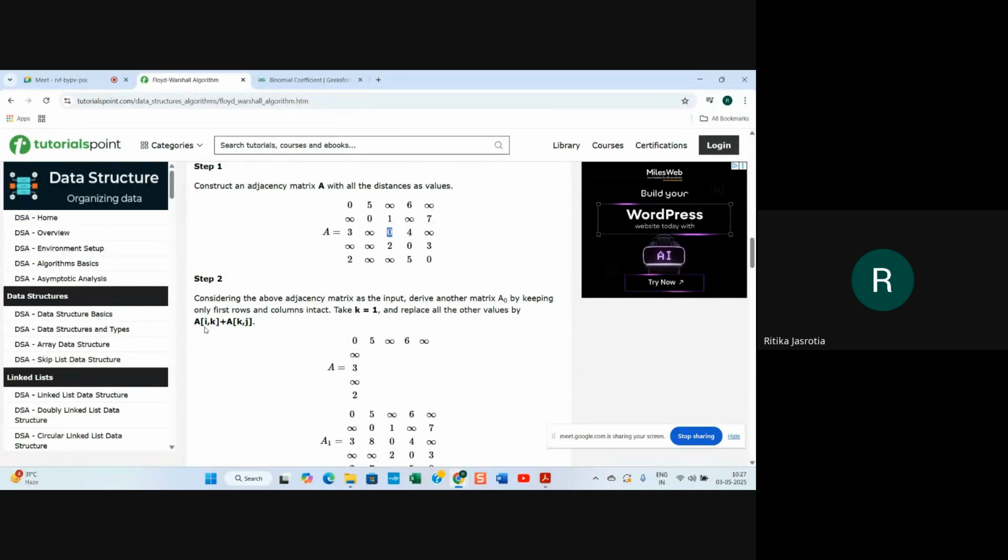So 2, 2, you will find out. It is 2 comma 1 plus 1 comma 2. So 2, 1 is infinity and 1, 2 is 1.